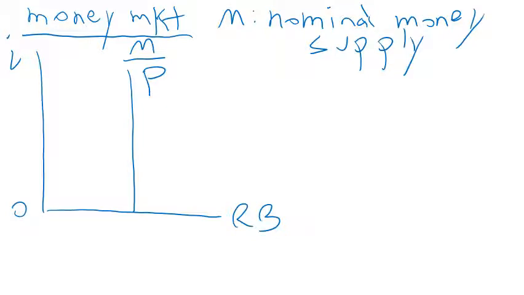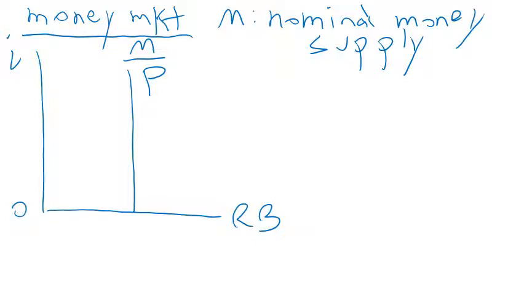All right. So the nominal money supply is in the hands of the central bank by using the discount rate, by using open market operations. A central bank can either increase or decrease the nominal money supply.